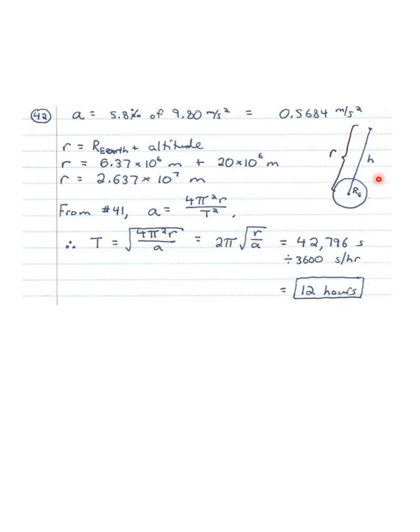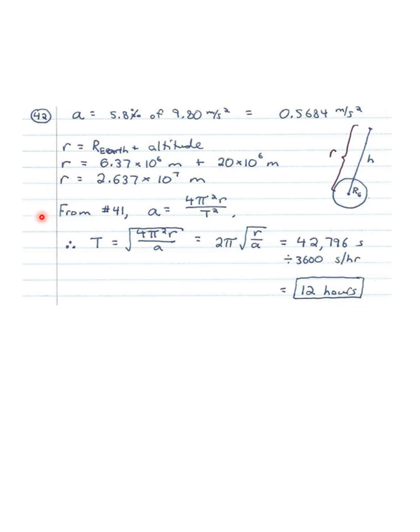The radius of the circular orbit is going to be the radius of the Earth plus that height. So here I have radius of the orbit is radius of the Earth plus the altitude. We can find in the back flap of the book the radius of the Earth, 6.37 times 10 to the 6 meters, plus the altitude, 20,000 kilometers, which is 20 times 10 to the 6th meters. There we get the radius of the orbit.